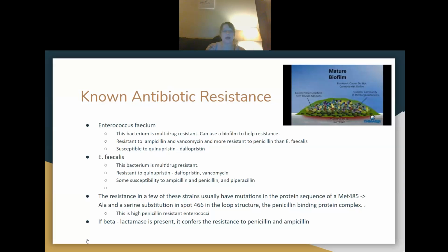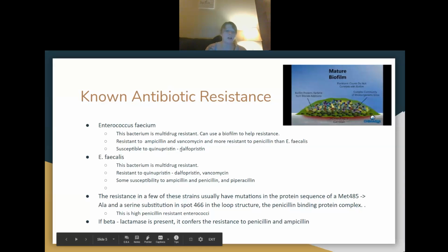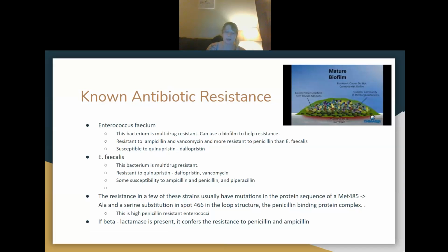They're resistant to ampicillin and vancomycin, and more resistant to penicillin than Enterococcus faecalis. Faecalis is also resistant to quinupristin, dalfopristin, and vancomycin. It has some susceptibility to ampicillin and penicillin, but it's really rare, and it can also be treated with piperacillin.